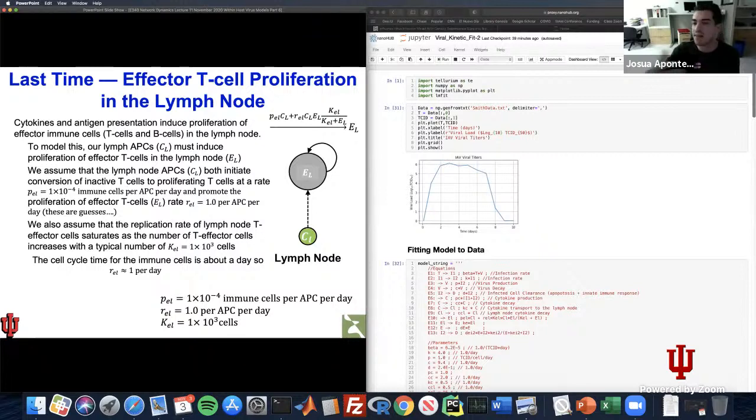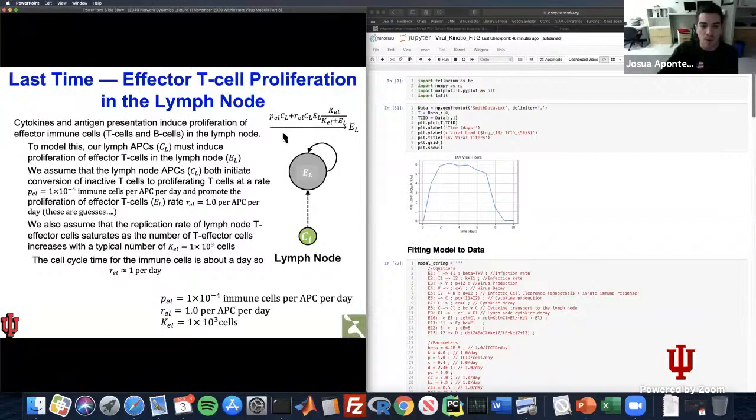Cytotoxic means that they kill other cells. And we spent a little bit of time talking about the meaning of this equation. I'm going to spend just a couple of minutes explaining what it means.